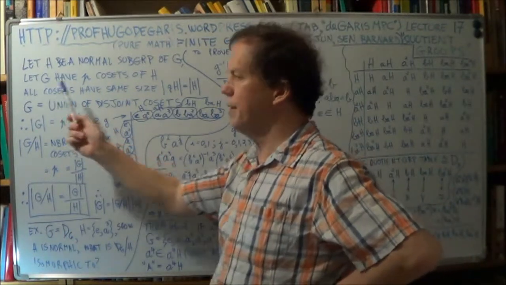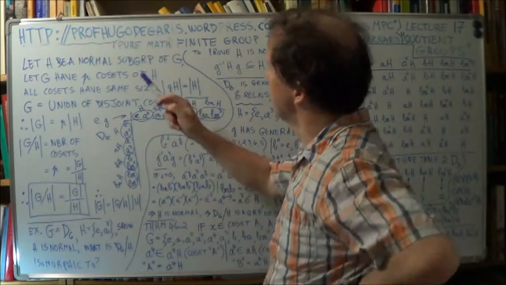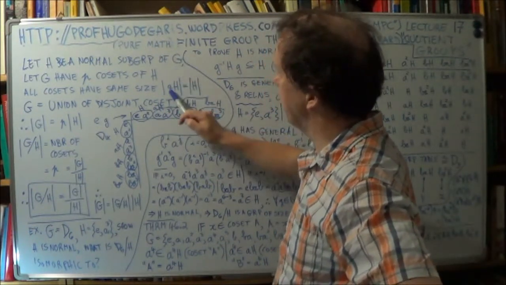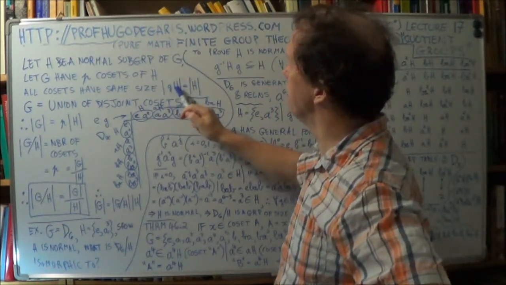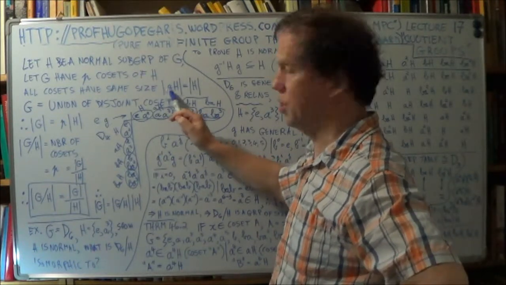Now, cosets are all of the same size, because what is a coset? It's just any element g from your group, and if it's a left coset, you multiply all the elements of your subgroup on the left by little g.